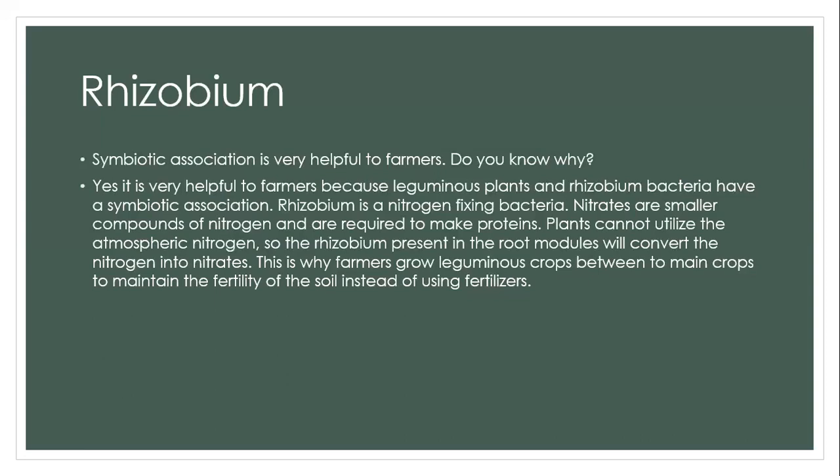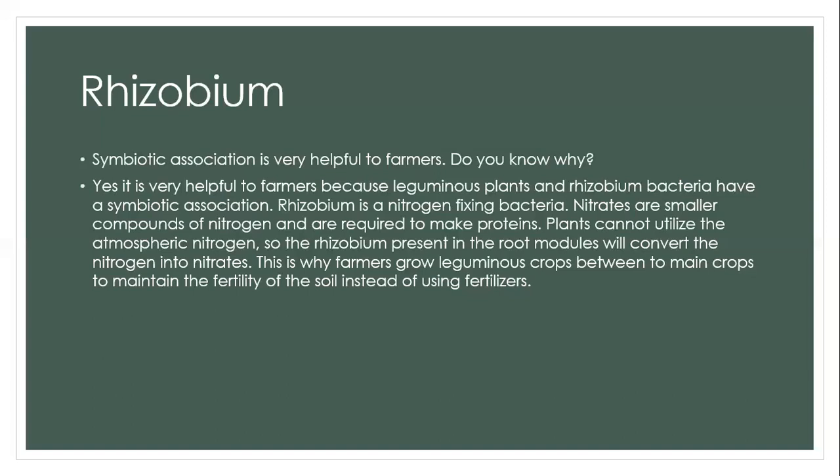Now, it's a good question actually. Why do farmers grow a leguminous crop between two main crops? So that it can reduce the cost of buying fertilizers? Yes, that is the correct answer. And also because Rhizobium gives nitrogen. Now I'm going to explain that.